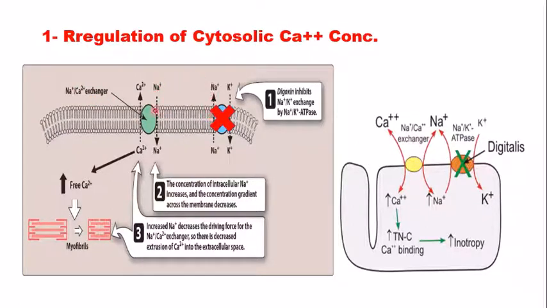It will push the sodium inside the cells. As the sodium is pushed in by the sodium-calcium exchanger, the calcium is going out from the cell. So the cell becomes poor in calcium and rich in sodium, and when the sodium is coming in, the cell is again rich in sodium and poor in calcium.